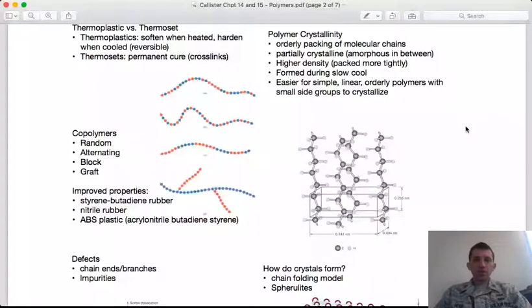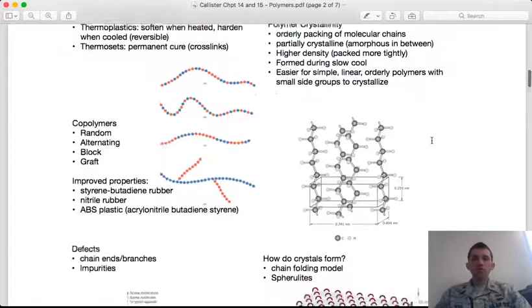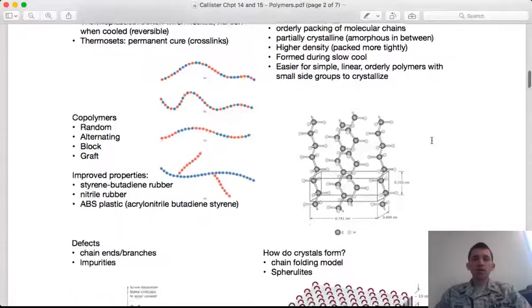Generally, what you see is crystalline regions that are connected to one another with amorphous regions. As you might expect, when you have a crystalline polymer, the density is higher. Crystals form at the optimal arrangement of a particular unit, and so if you have a crystalline region, then you can pack it more densely.